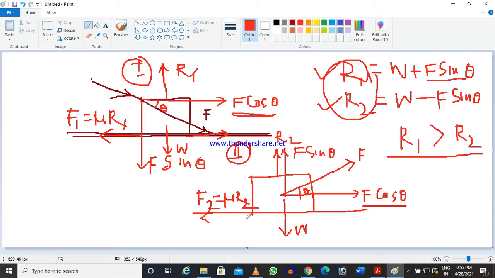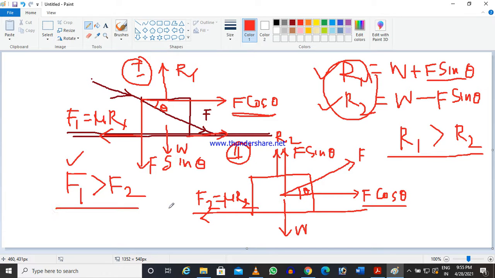As mu is the same in both cases, but R1 is higher than R2, F1 is definitely higher than F2. So in the first case, where we are trying to move the block by pushing, the frictional drag will be higher than in the case where we are pulling the block.